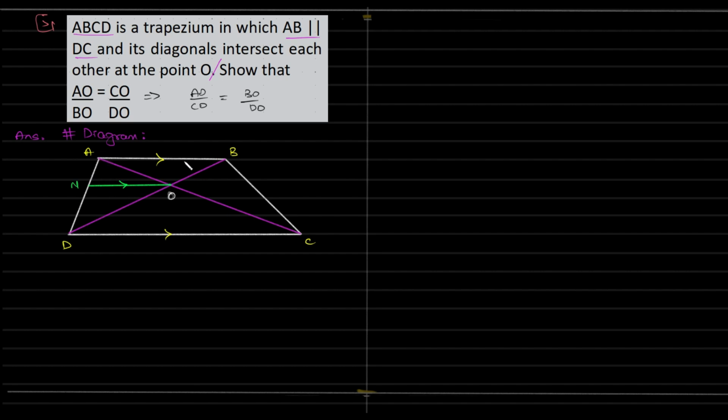So we have AO by OC being equal to AN by ND, by BPT, and in the other triangle BO by OD will be equal to AN by ND. I'll explain in detail. So I hope you understood what we did over here. Because that ratio did not make sense as per BPT, we rearranged it.